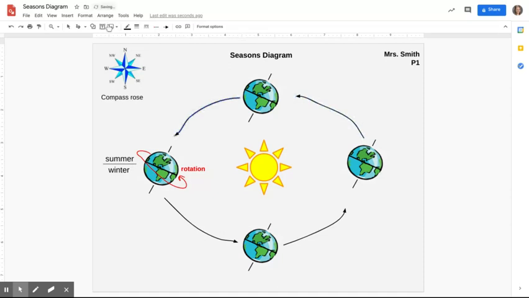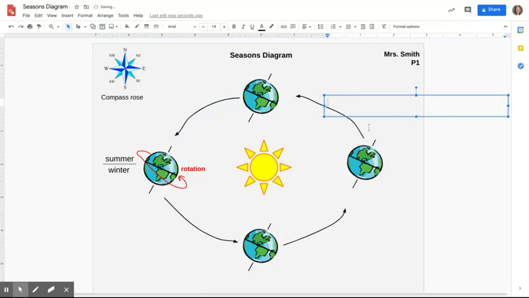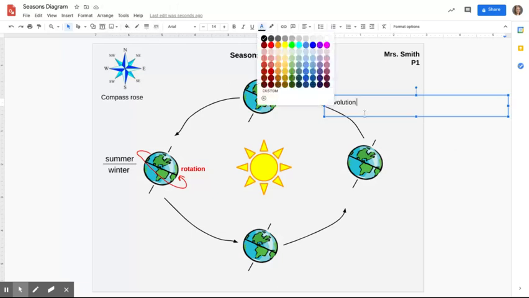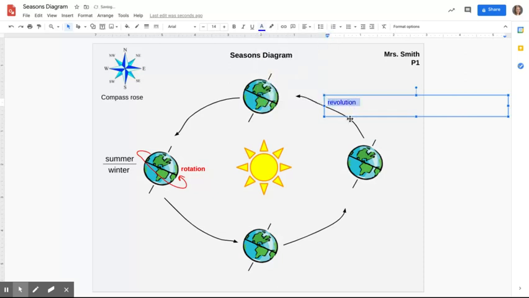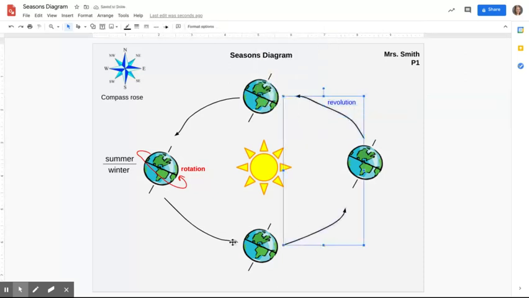I'm also going to label it. So I'm going to add a text box, and you're just going to write revolution. I'm also going to make my font blue and my lines blue just so that it helps me piece those two things together.